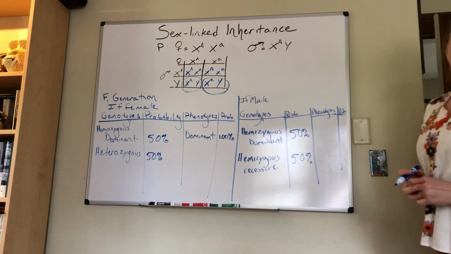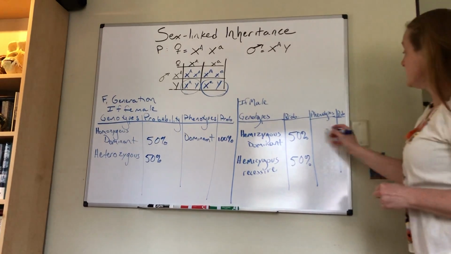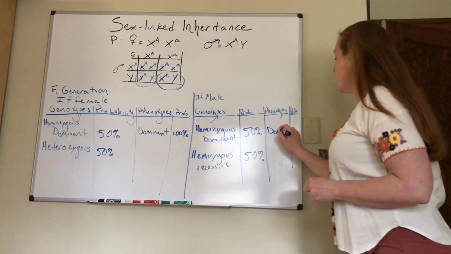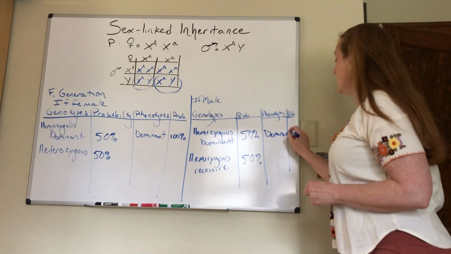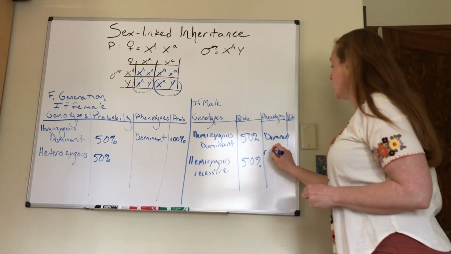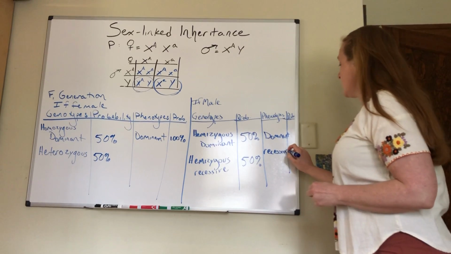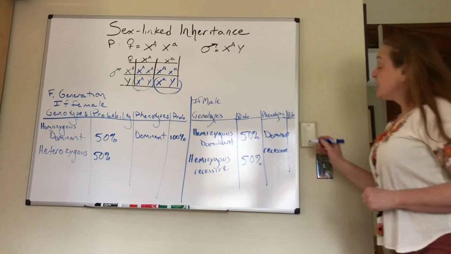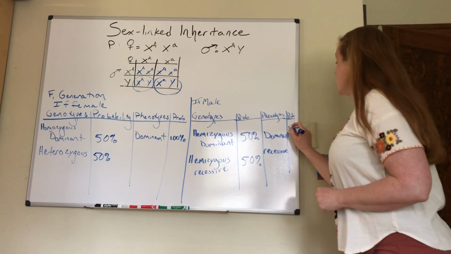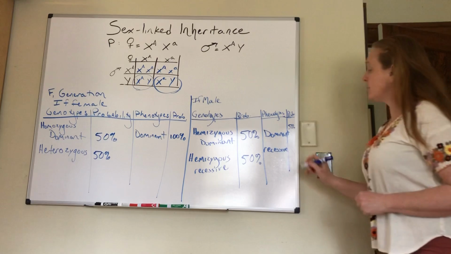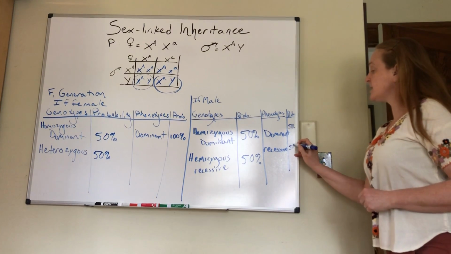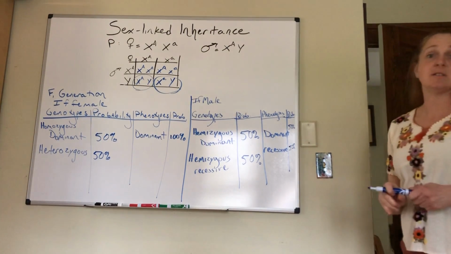Since both genotypes are possible for my male diploid zygote, I know I have the possibility of seeing both phenotypes. The probability I will see the dominant phenotype is 50%, and the probability I will see that recessive phenotype is 50%.